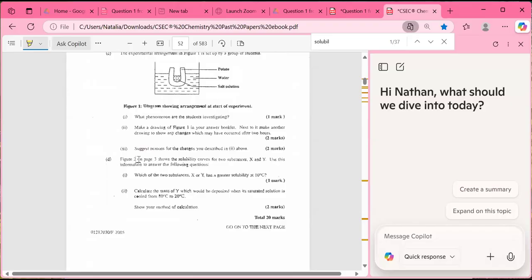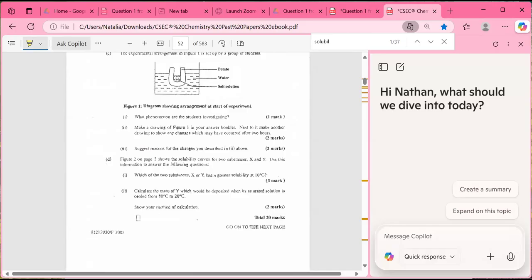It says, figure 2 on page 3 shows the solubility curve for two substances X and Y. Which of the two substances has a greater solubility at 10 degrees Celsius? It's asking us a similar question to the one that we did.